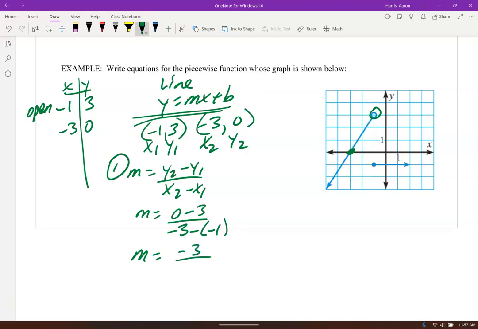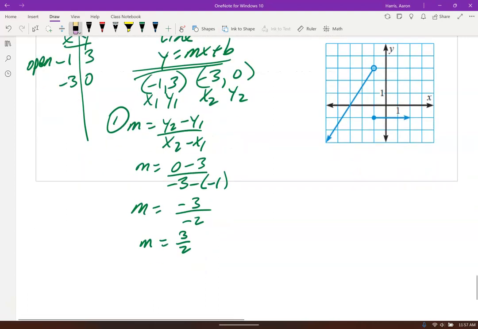So I get negative 3 over negative 3 plus 1, which is negative 2. So this slope is 3 halves. In other words, it goes up 3, right 2, or down 3, left 2. Same thing. Negative 3 over negative 2 is also positive 3 halves. So that's the slope.